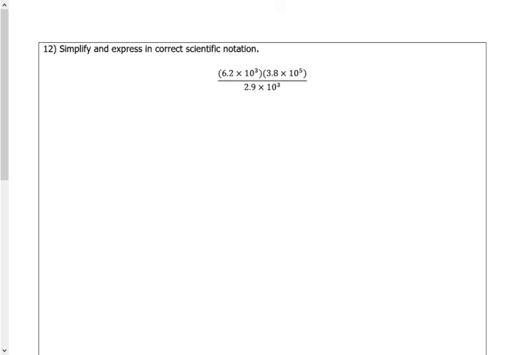Okay, 11. When we do scientific notation, we are using our calculator for this. So change your mode to scientific, and then you can type this in as is. And I get 9.06.